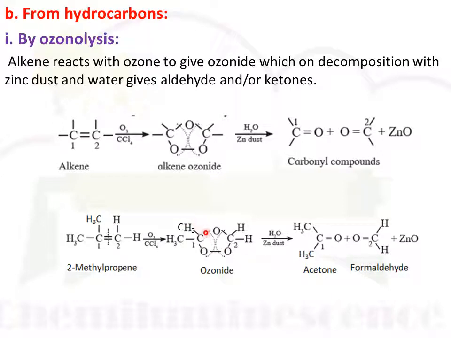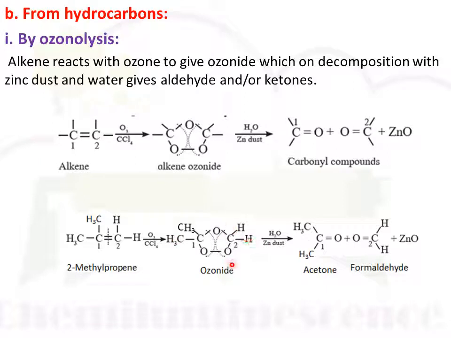Here, by making this curve, it is convenient to understand which type of product is formed. So from this curve you can understand it can form CH3, C double bond O, CH3, that is the acetone.